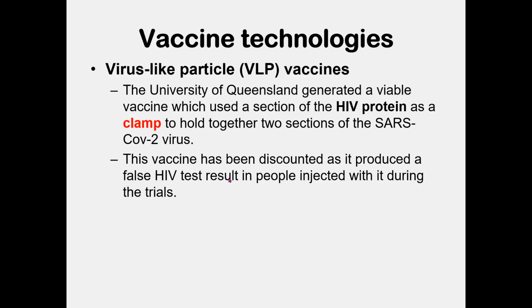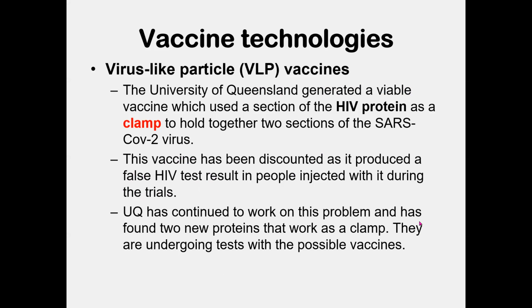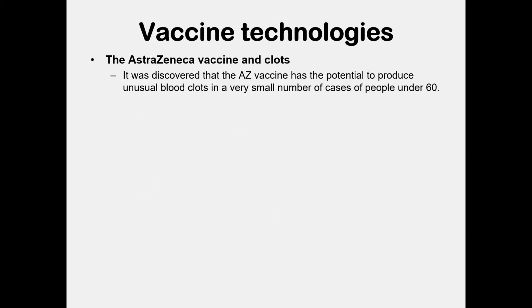They didn't have HIV, but it showed that they did, because they used this little bit of protein. So that had to be discounted. So now they're working on it. And they've come up with 2 new systems, and they're undergoing trials now.